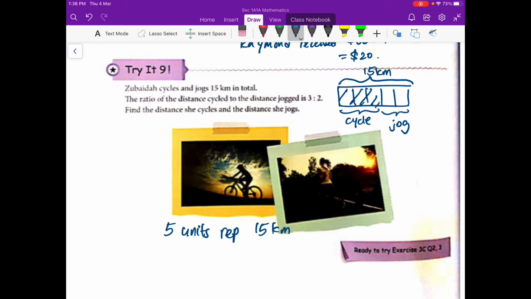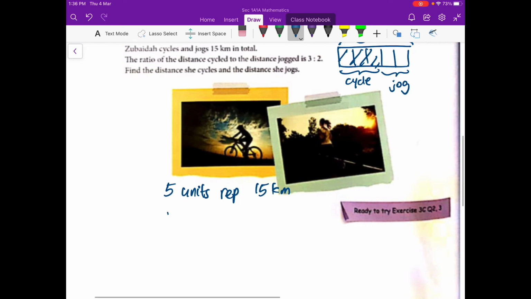We want the distance that she cycled. So that is 3 parts, 3 units. Represent. Okay, so it is the same structure again. Do your division. 15 divided by 5.